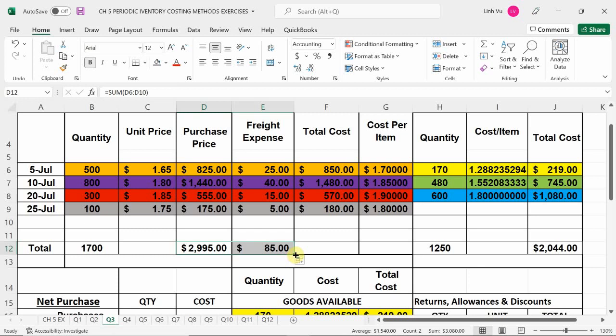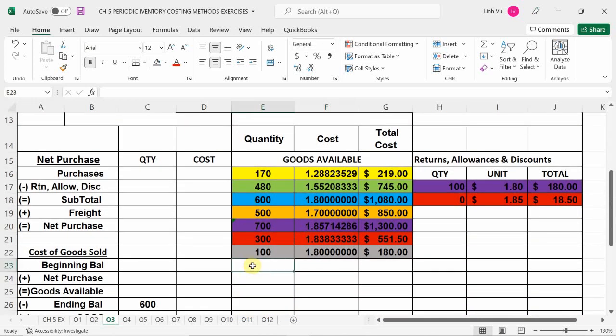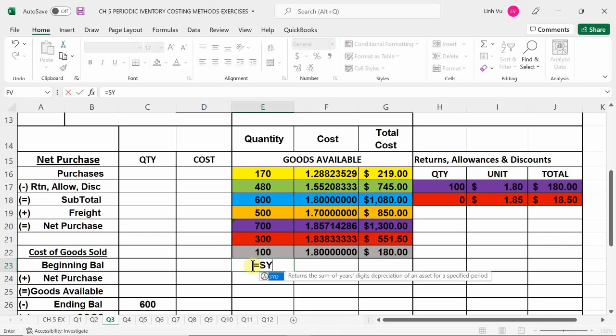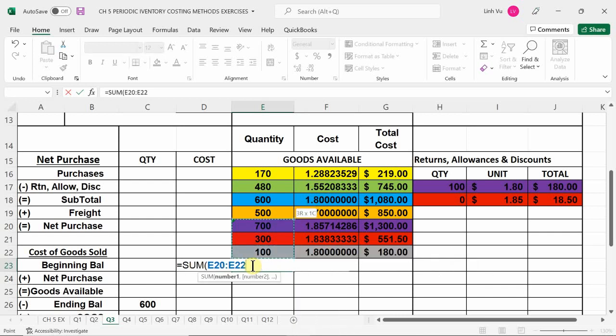And then total cost was $3,080. Okay, good. Again, I need to tally up my totals here. What's my total goods available? It's 2,850.